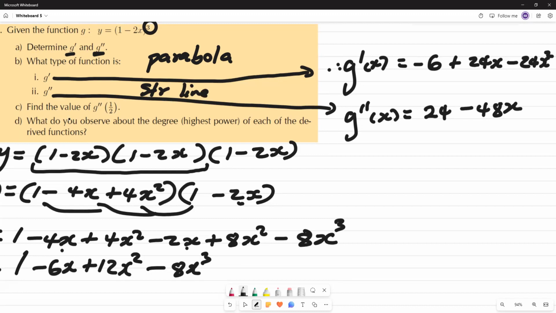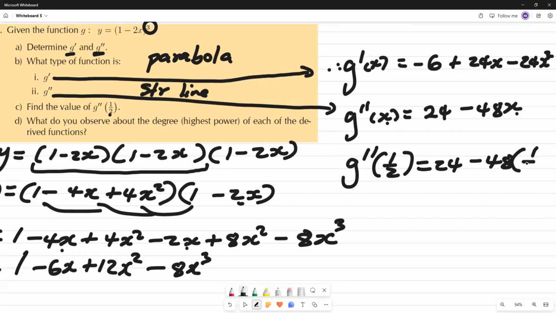Then they want us to get the value of the second derivative. They replace the x with a half. So I'm going to replace this with a half and that with a half. So they need this: 24 minus 48, where there's x, I put a half. And then I have 24 minus 24, which gives me 0.